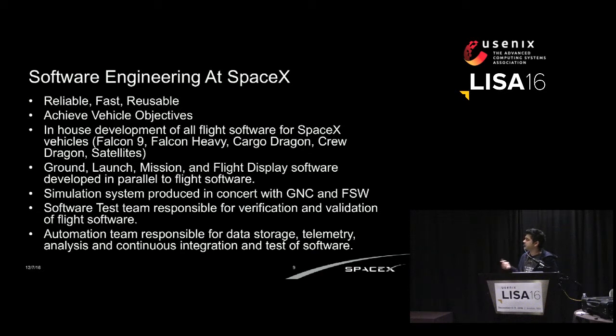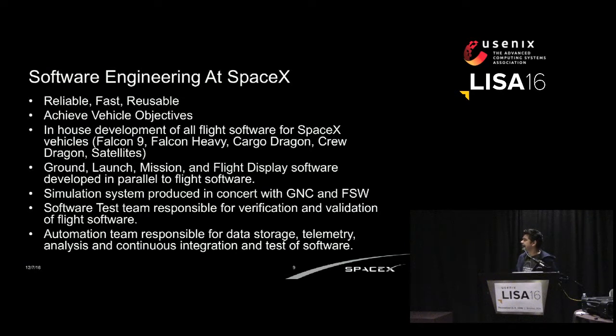We do in-house development of all flight software for all SpaceX vehicles: Falcon 9, Falcon Heavy, our 2 Dragon variants, and also satellites. All of that is based around a common code base. There's a lot of specialization, but we try to keep it within one code base for reuse specifically.